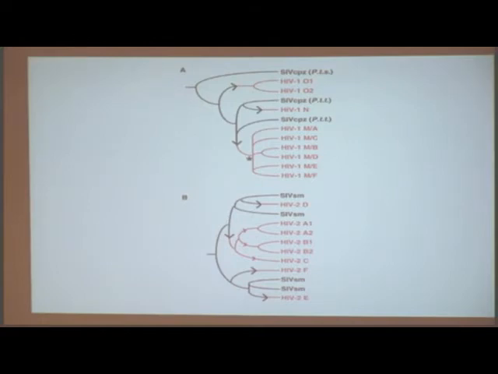So the humans in one area have virus that's directly related to the animals in that forest. You go a couple hundred kilometers away, the monkeys or apes there and the humans there have a different version of the virus, but they always match.